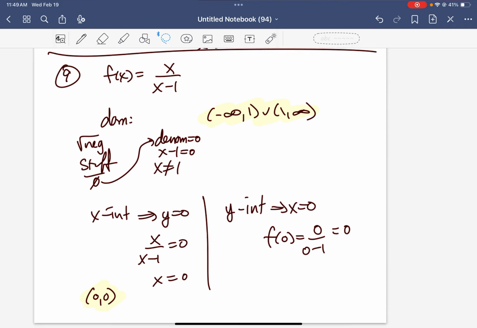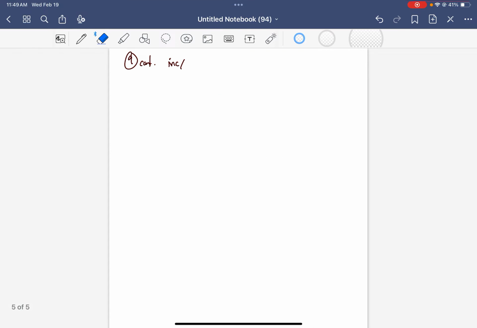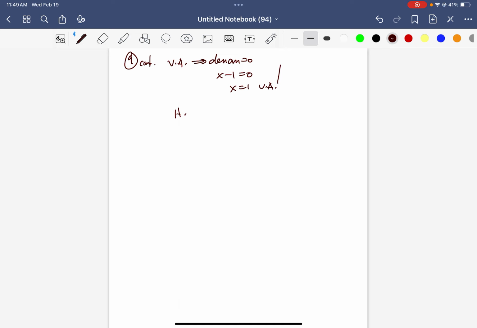So for this one, after x and y intercepts, we should worry about those asymptotes. So before we do increasing, decreasing, let's do our vertical asymptotes. Vertical asymptotes are where the denominator equals 0. So that means we're going to have x equals 1. And a horizontal asymptote is what happens in the long run.